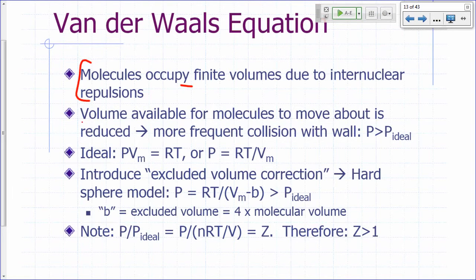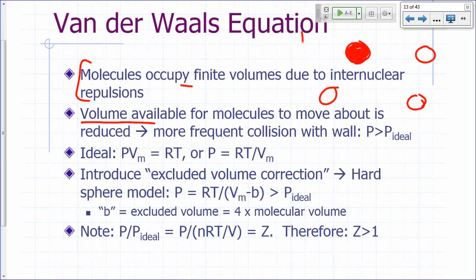So if I have this molecule right here, and I've got these other molecules here, the volume occupied by this molecule is not available for the other molecules to travel around in, right?